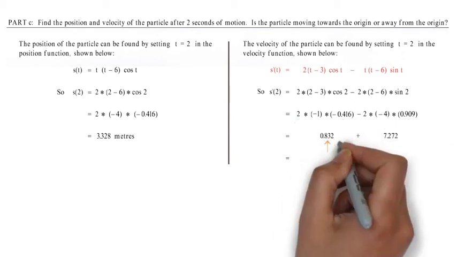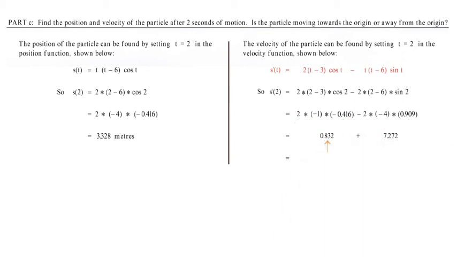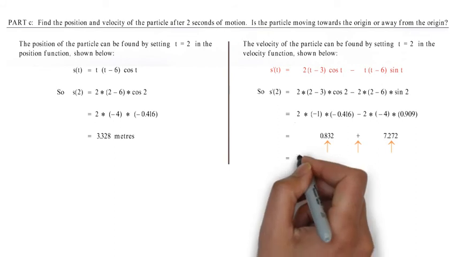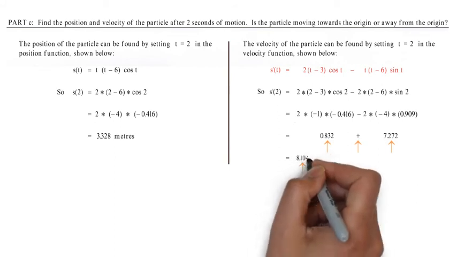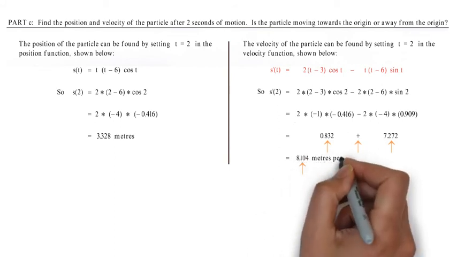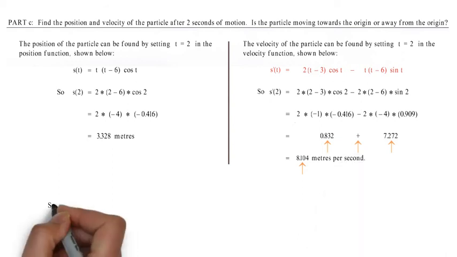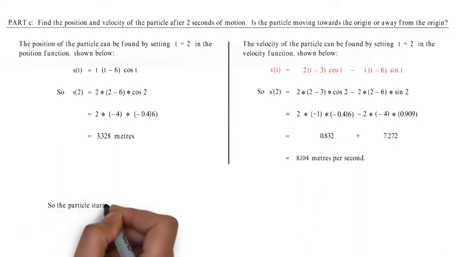This equals 0.832 plus 7.272, which is 8.104 meters per second.